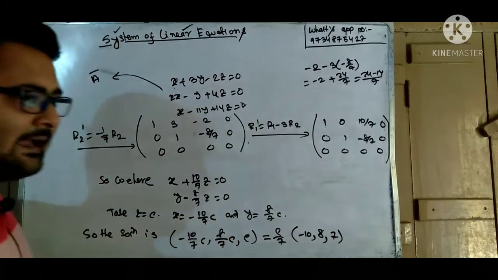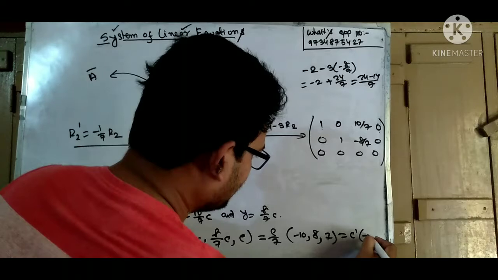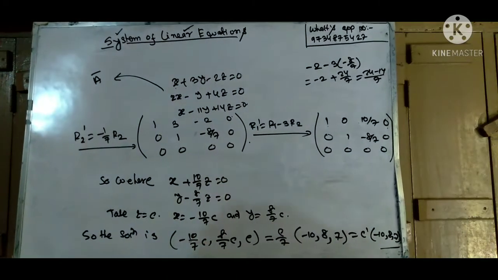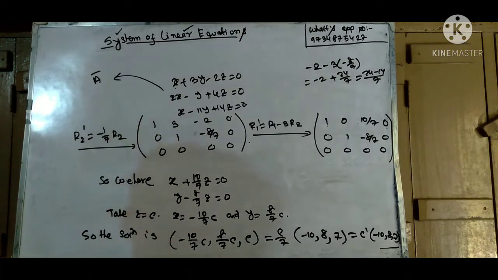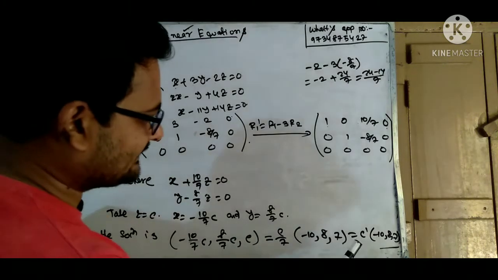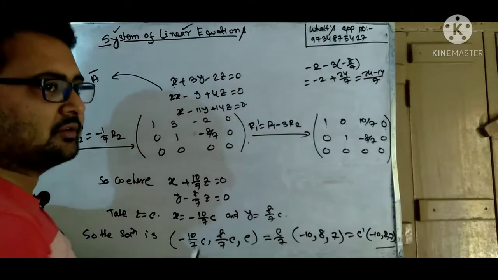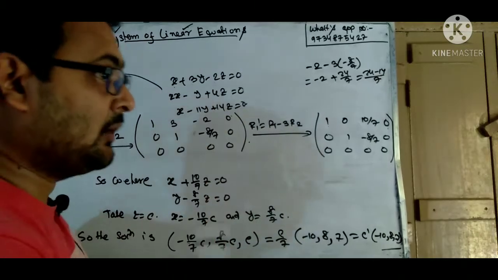Take c by 7 as another constant, that means c dash into minus 10, 8, 7. This is the solution of the given system of linear equations where c dash is an arbitrary constant. Clear? Now let us verify whether this is a solution of this linear equation or not. Obviously this is a solution of this system of linear equations, but how?